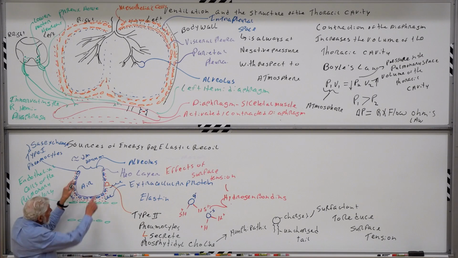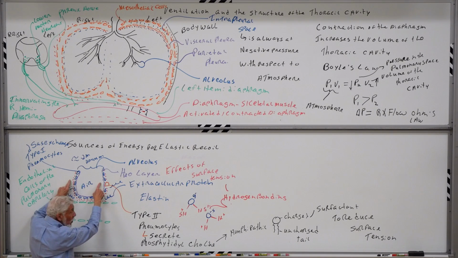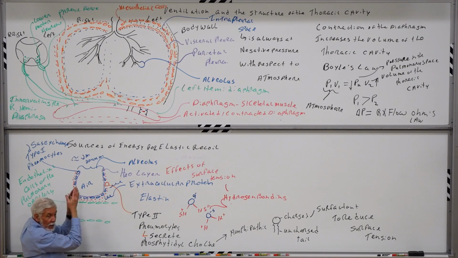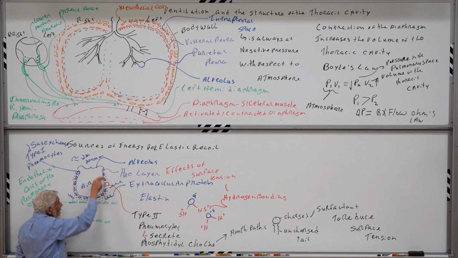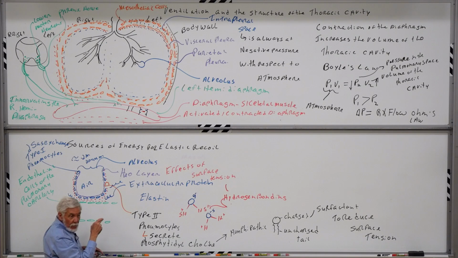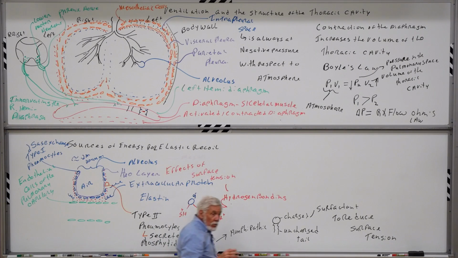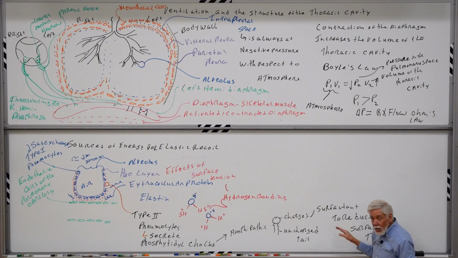In those cases, these alveolar spaces are very hard to open because they are stuck together by the surface tension. And these babies labor terribly to try to breathe. There's been a lot of work trying to figure out in premature births how to get these phosphatidylcholine molecules into the surface water to break up that surface tension. But in adults, once you get this balance right, this surface tension and the phosphatidylcholine become important.